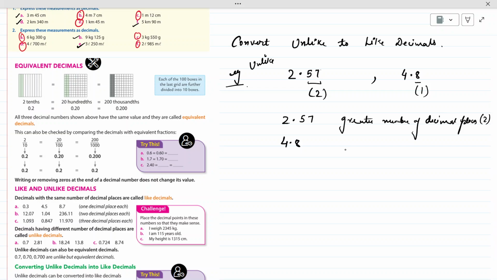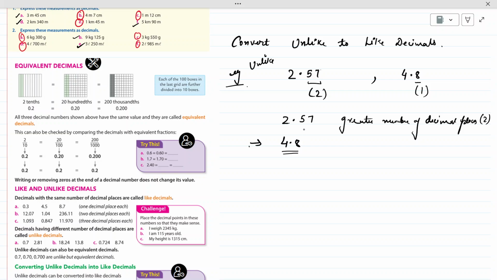So if we have to make these two decimal numbers into like, what we have to do is we have to increase the decimal places in this number 4.8. Why? Because it has less number, and to make it equal to the bigger number we have to add more places to it.